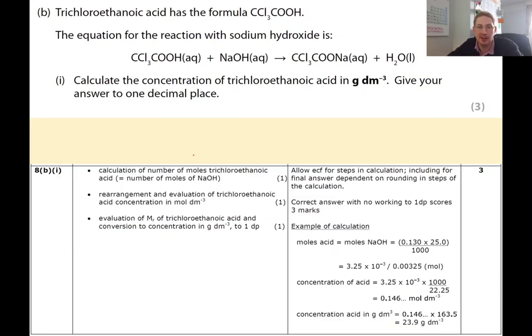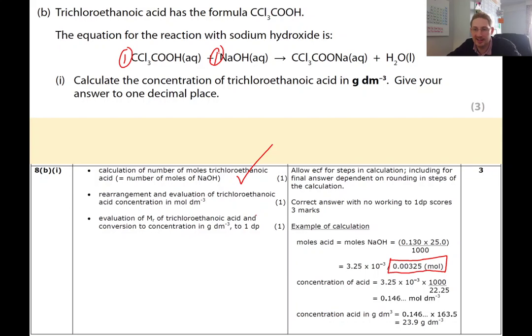Okay, so calculating the number of moles of sodium hydroxide, which is concentration times volume over 1,000. That's the number of moles of sodium hydroxide. And the first mark is for realising that the number of moles of trichloroethanoic acid is that because of the 1:1 ratio up here.